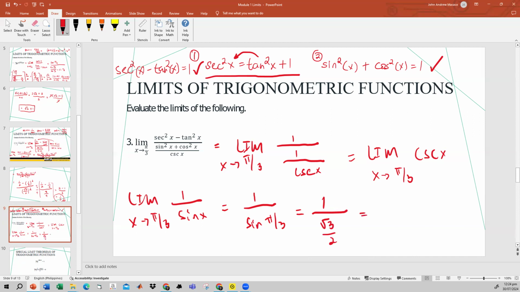Then you just need to take the reciprocal of this. That's 2 over square root of 3. Then we have a denominator which is a radical, so we need to multiply it by the radical on your denominator. So this will lead to 2 square root of 3 over 3. So this is now the answer that we're looking for.